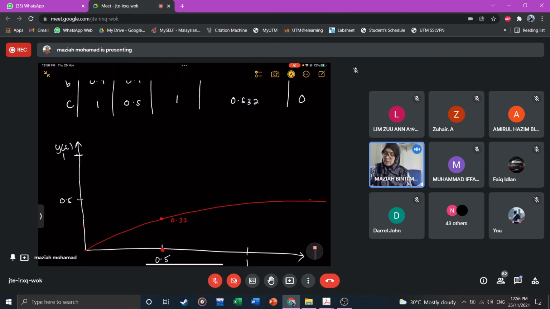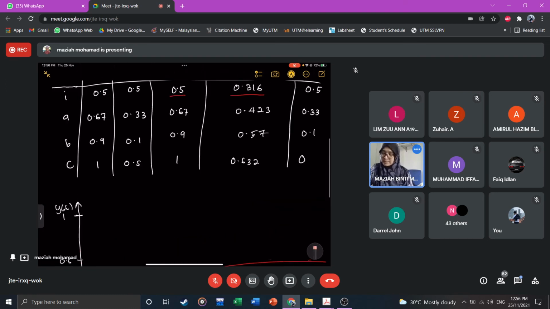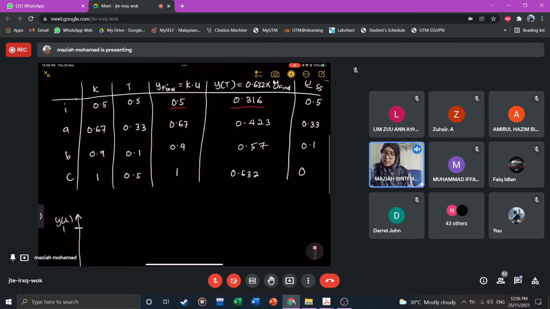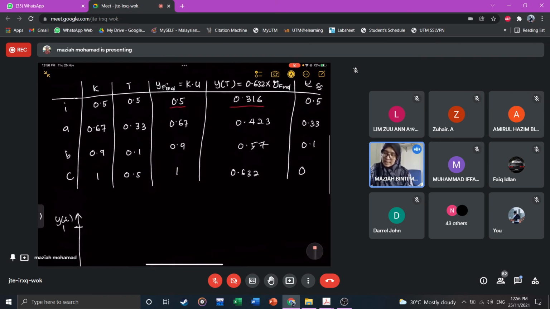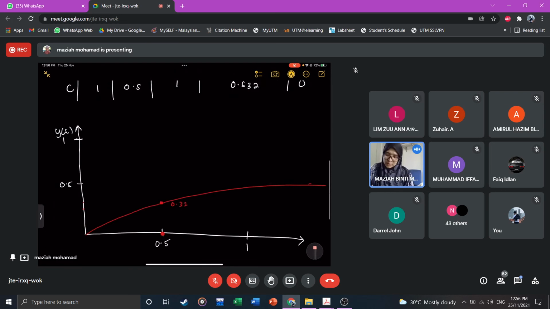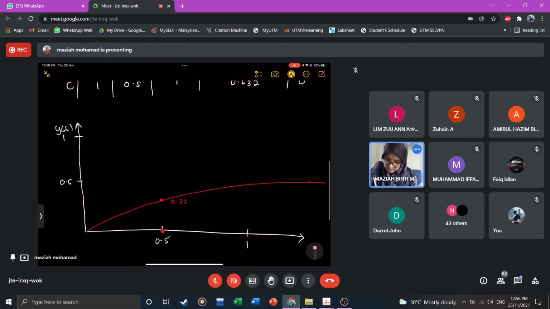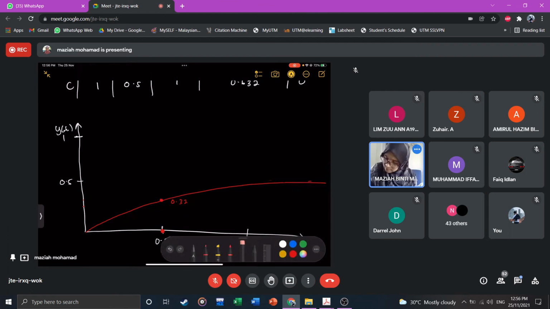All right, let's sketch number 2. Number 2 is when you apply a gain controller equal to 2. It should reach 0.67. The time constant is 0.33, so 0.33 is around here.